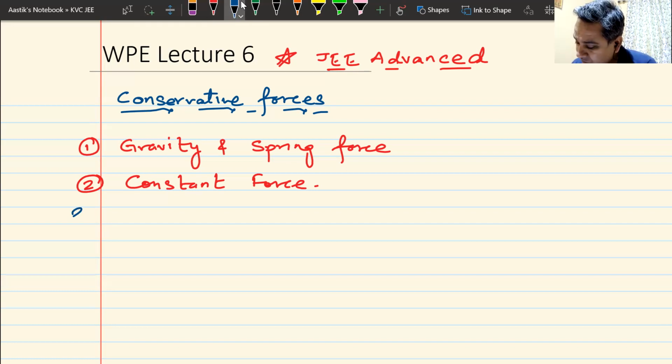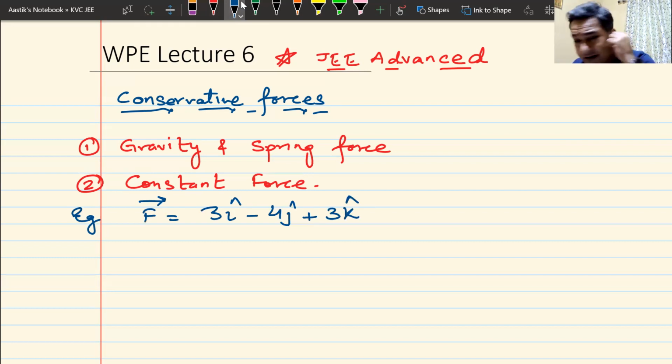A very simple example: if I write the force F vector in the most general form as 3i minus 4j plus 3k, as you can see, the coefficients of i, j, and k are all numbers, they are all constant. This is a conservative force. You don't have to do any tests, it is a conservative force.